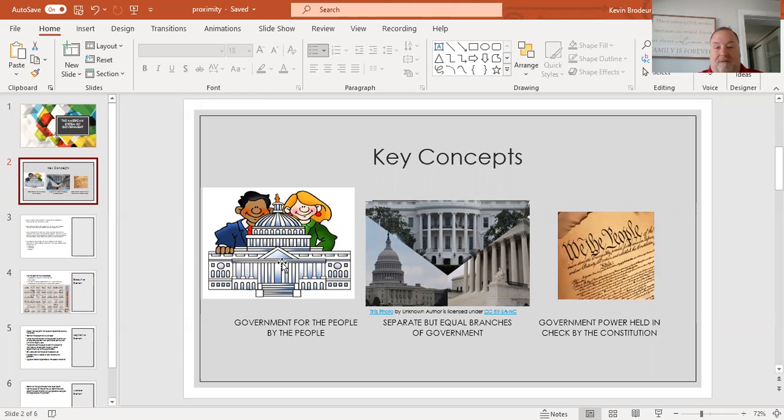Nobody had really done that before. So it's pretty important. Also, be thinking about the idea of separate but equal branches of government, because our government is really based on that principle. Finally, the idea of government power that's held in check by the Constitution.